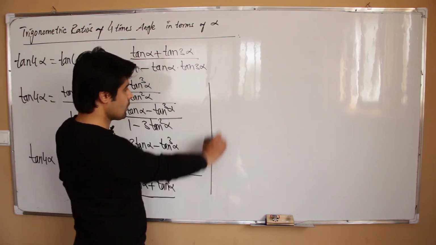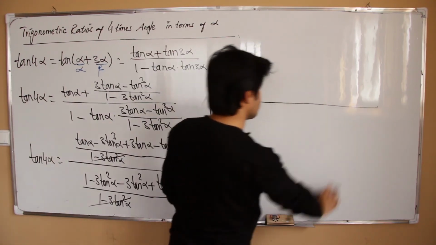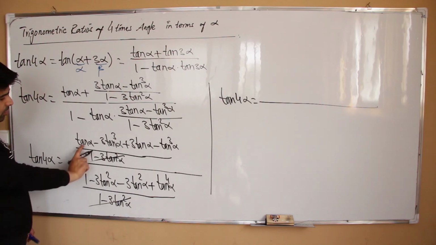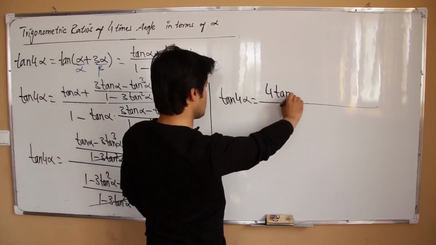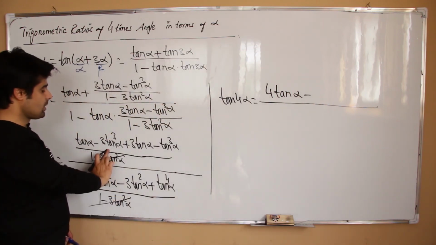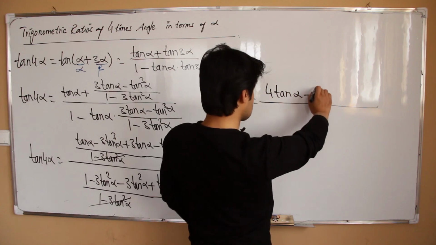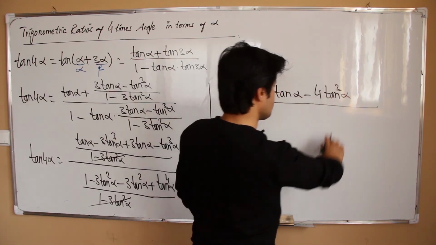Now we have tangent of 4 alpha is equal to, what do we have in numerator? Tangent with this 3 tangent, 4 tangent alpha, minus 3 tangent cube, minus tangent cube, it is minus 4 tangent cube of alpha.